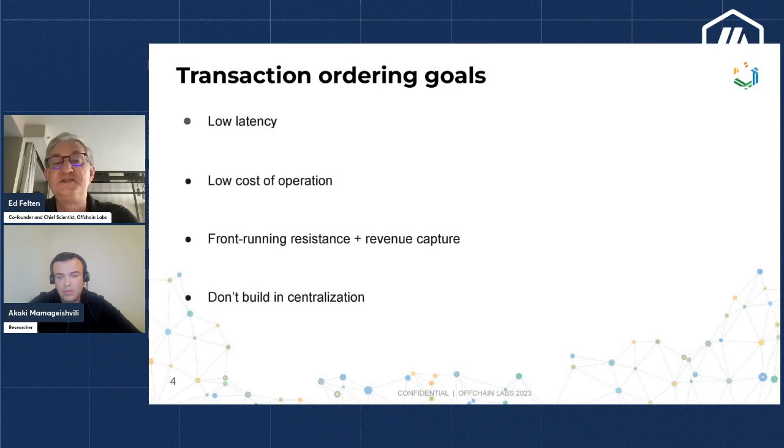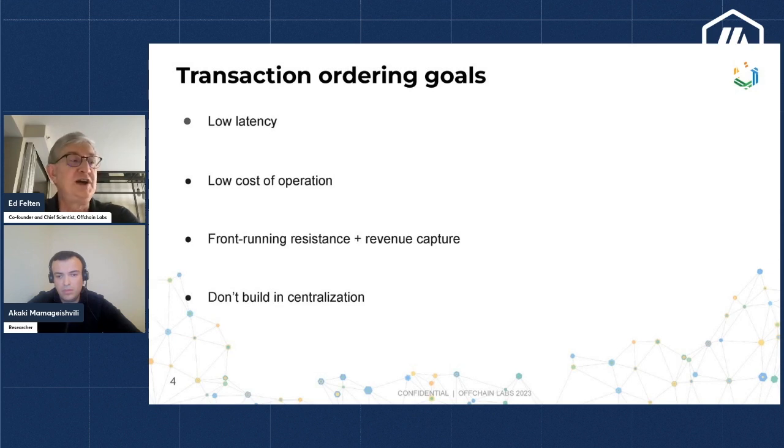Third is the combination of resisting front running. That is, if you submit a transaction, you don't want there to be some party who looks at your transaction and then figures out how to exploit it by putting another transaction in front of it. We want to prevent front running, but we also would look for a way to capture revenue from MEV.